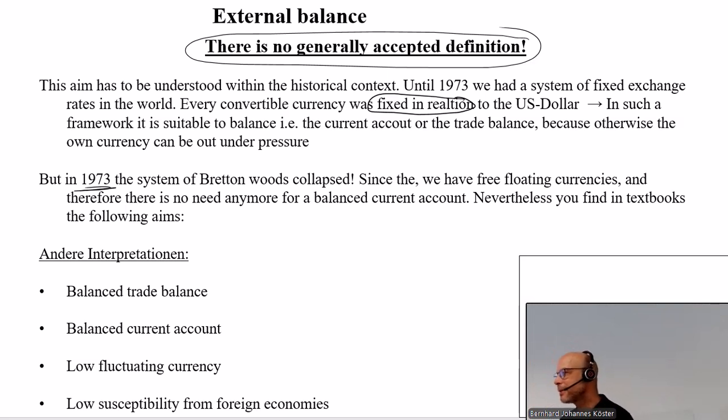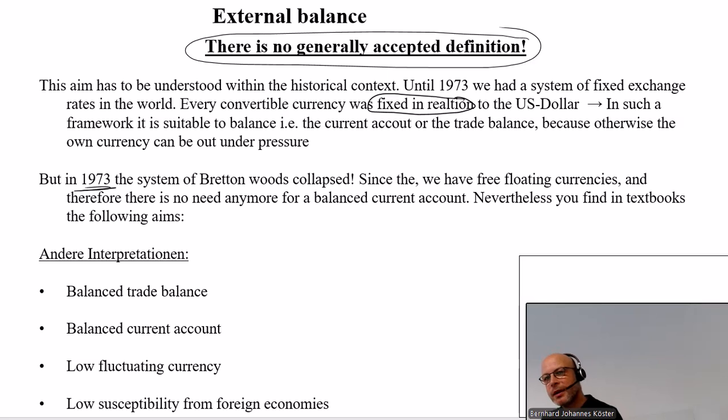There we had the US dollar as an anchor, and this meant every convertible currency can be exchanged at a fixed ratio to the US dollar. Let's say the German mark 6:1 to the US dollar, the British pound 3:1.